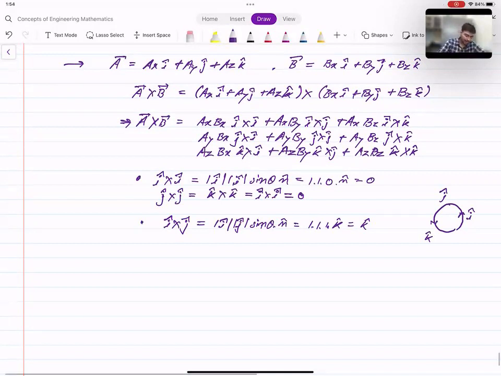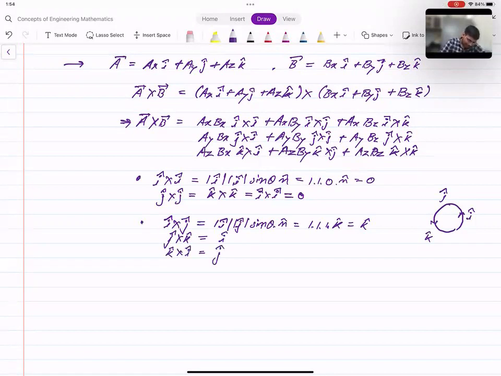Okay, and this again is a unit vector. So therefore i cross j is k. Similarly, j cross k will now be i, and k cross i will be j cap.